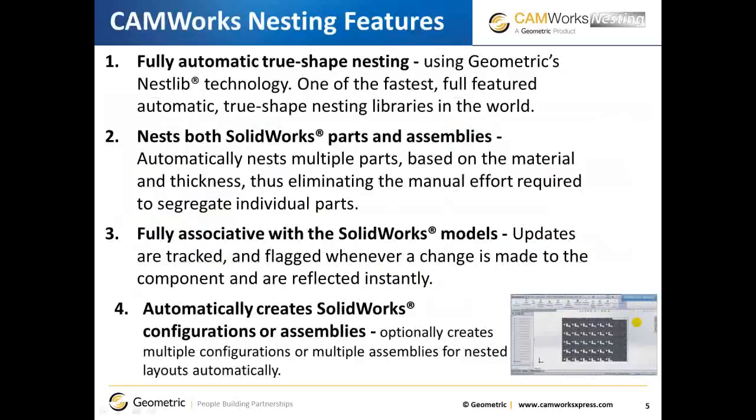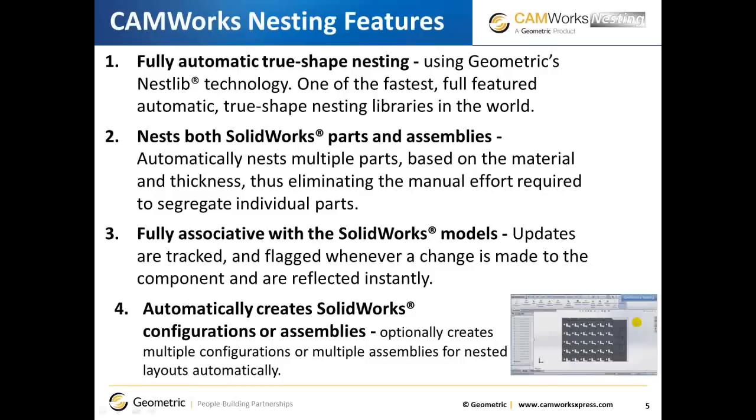CAMWorks Nesting uses the latest True Shape nesting technology from Geometric's NestLib software, which is one of the fastest full-featured automatic nesting libraries available today. You can use CAMWorks Nesting to nest both your SolidWorks parts and assemblies automatically using the correct material even if the parts are of different thicknesses.